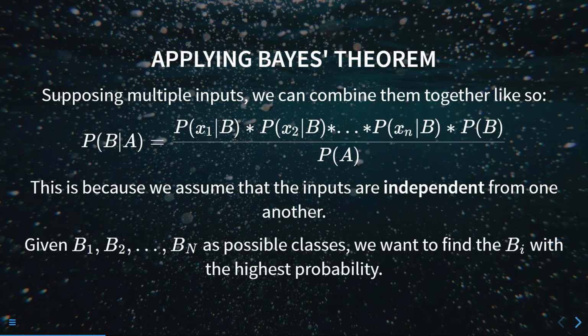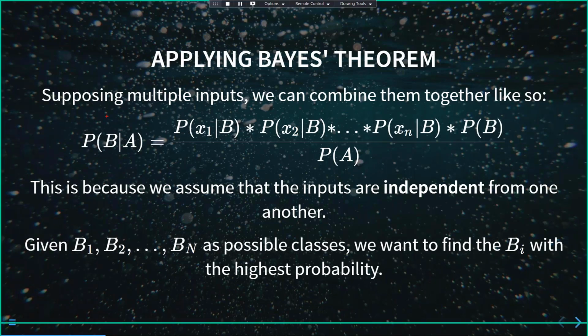I also want to point out that I mentioned the case of 3 inputs: author name, number of paragraphs, number of words. Well, remember, this is independent. So what that means is we don't really have where A is the whole set of data. We don't have to think of it as all of the data points.